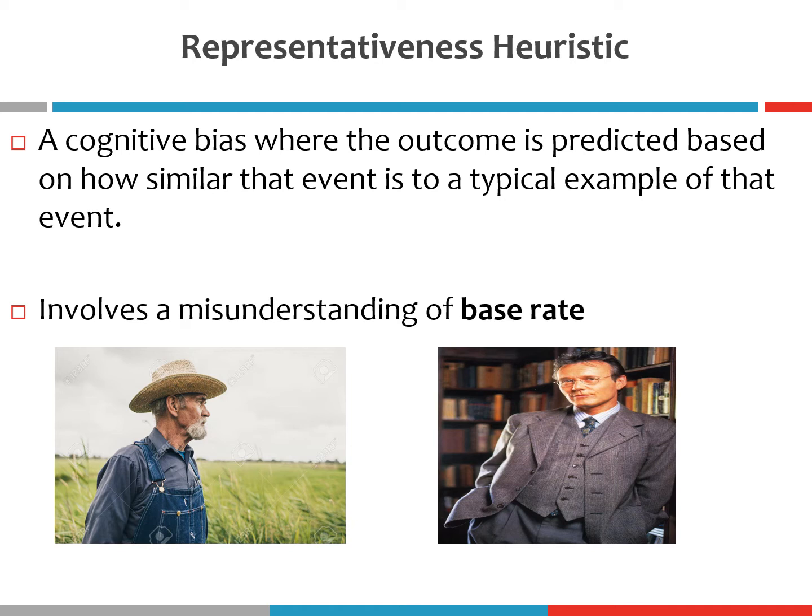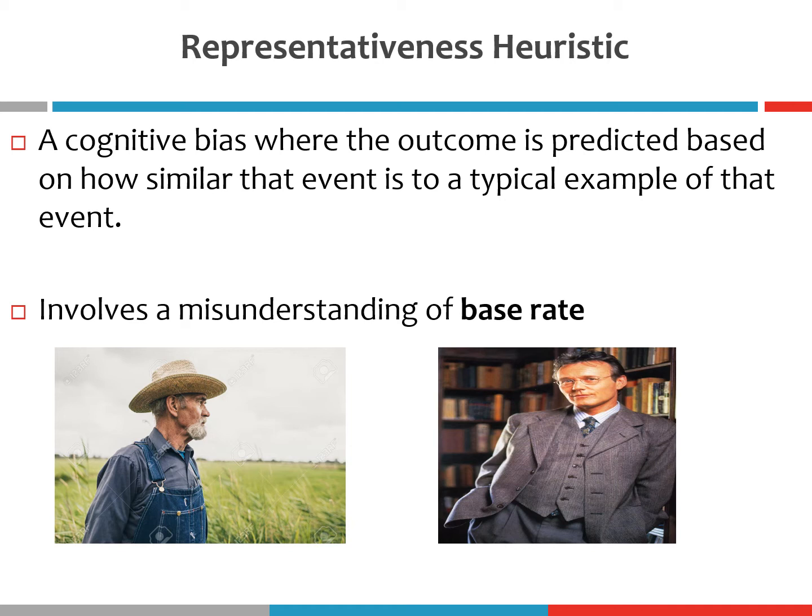And in fact, this base rate still holds today. So even today in 2020, if we were to randomly select a male from the population, it is significantly more probable that he would be a farmer as opposed to a librarian, right?